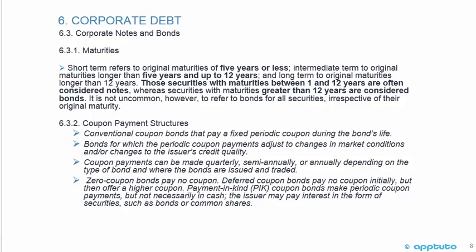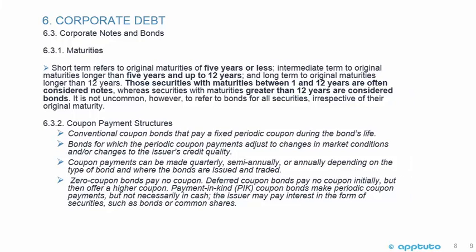Zero coupon bonds, of course, pay no coupon. Deferred coupon bonds pay no coupon initially, but then offer a higher coupon. Payment-in-kind coupon bonds make periodic coupon payments, but not necessarily in cash. The issuer may pay interest in the form of securities, such as bonds or common shares. Now, we did see these different coupon payment structures in a previous LOS, so this should be a review. It should be nothing new.